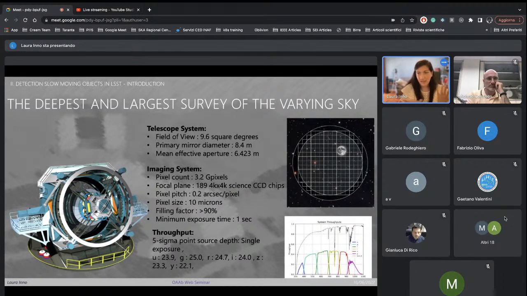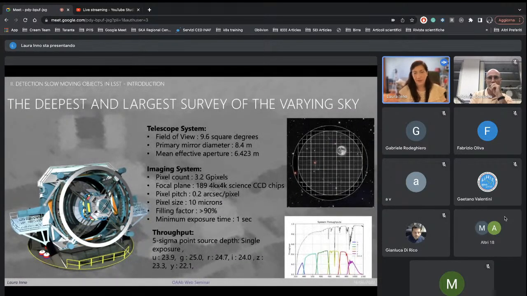I think many of you are familiar with the LSST survey, but just to give you a quick overview, this will be the deepest and largest survey of the changing sky over the next 10 years. That's basically because the telescope at the Vera C Rubin Observatory is pretty unique, because it has a large field of view of 9.6 square degrees. You can see here the comparison with the moon.